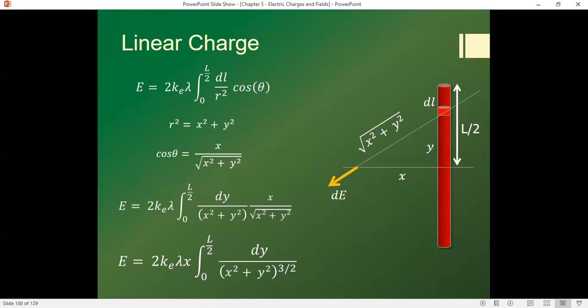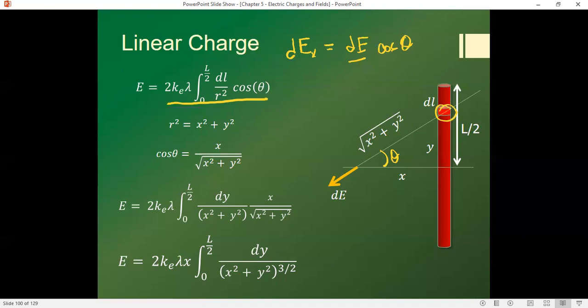Now we know that when we take E_x, or let's say dE_x, the x component of the infinitesimal electric field due to this little slice right here, that is going to be equal to dE times cosine theta, where cosine theta is the cosine of that angle right there. So now I've replaced my original dE with this expression right here.